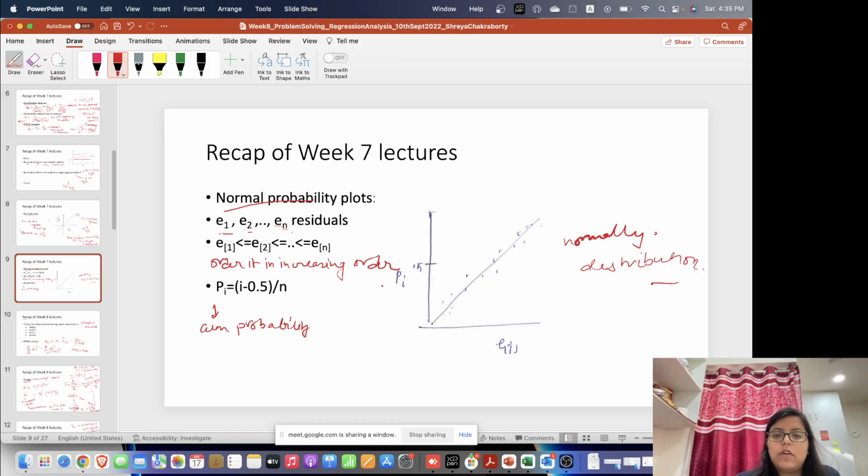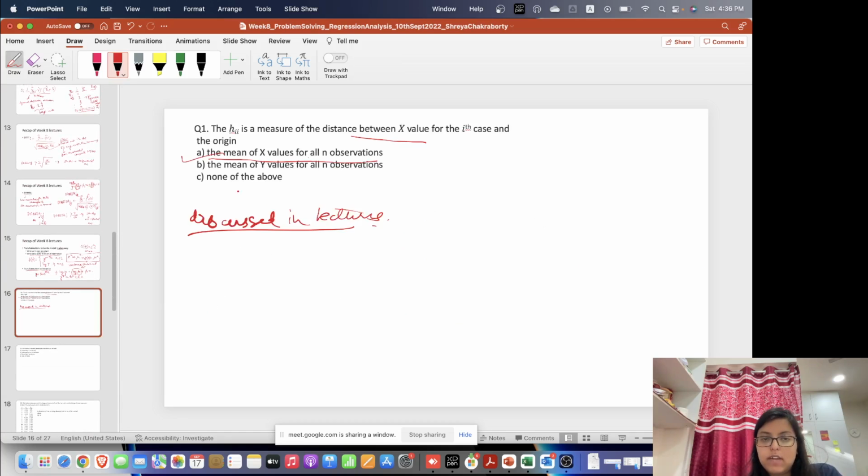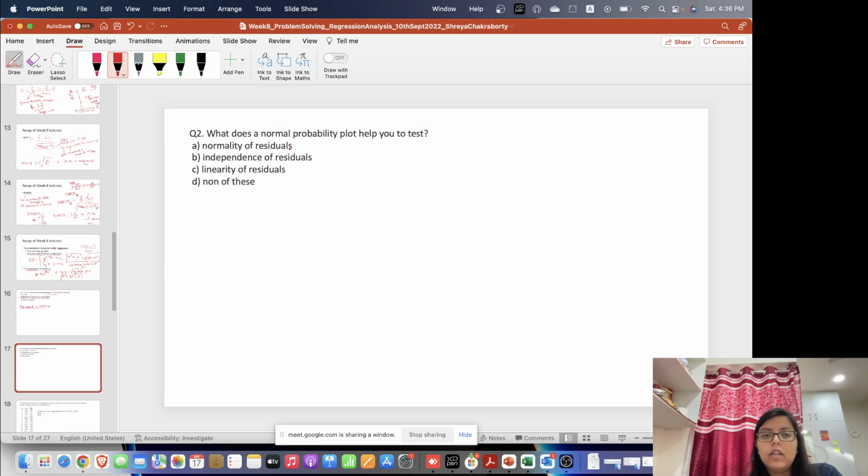If you have heard of quantile plots, it's that. We are just taking the sample observations, plotting them in increasing order versus the expected probability distribution. That gives us a way to assess the normality of the residuals.